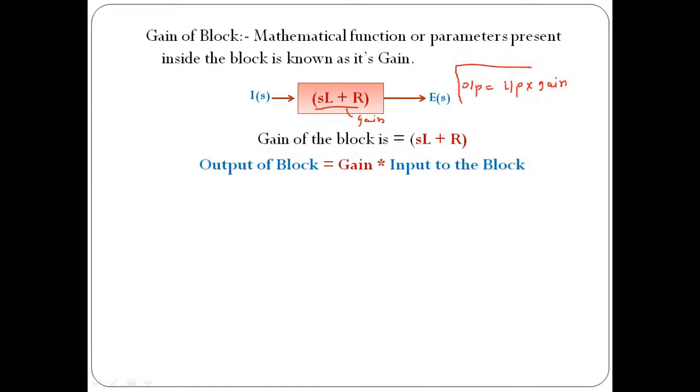This is very important, and it is applicable for each and every block. So in this case, output is E of S, which equals input, I of S, multiplied by the gain of the system, SL plus R. The same thing is mentioned here: output of the block is equal to input times the gain.